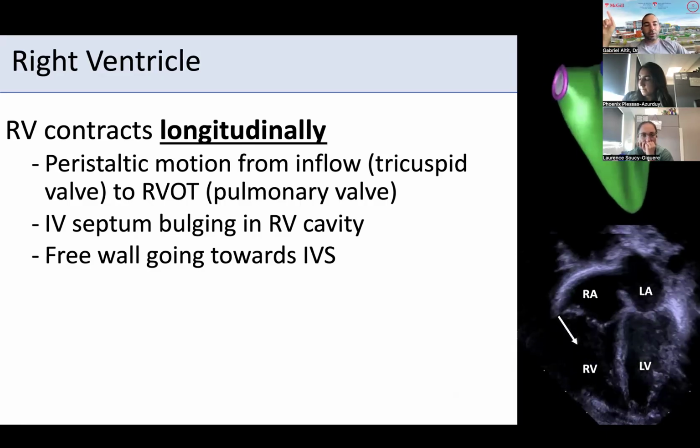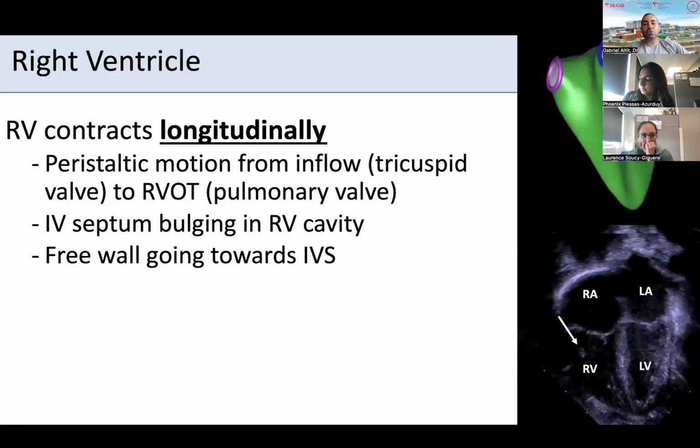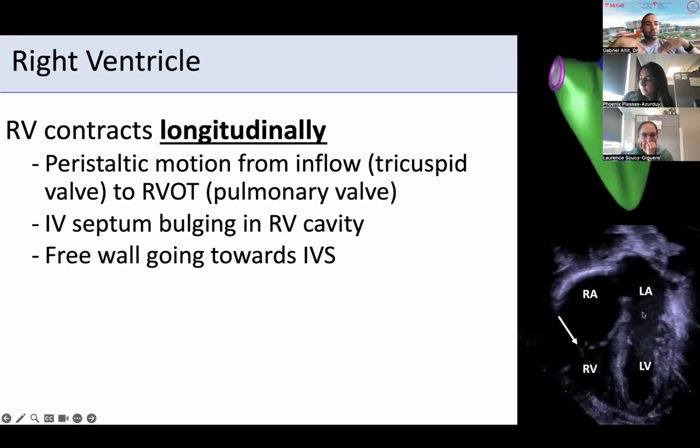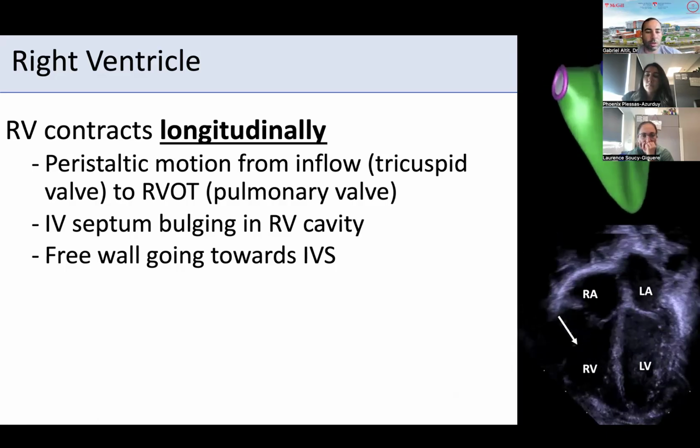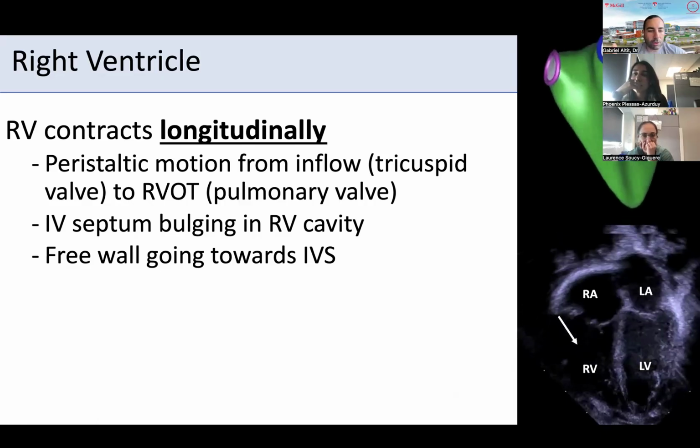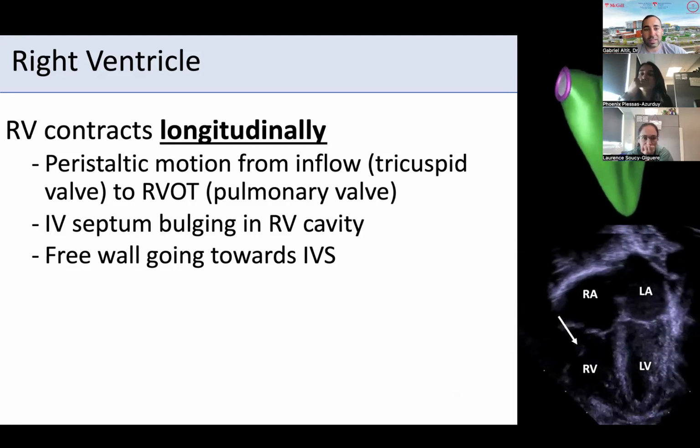So it's not sending your output forward, it's actually sending it backward. That's true also for the LV. If you have a lot of mitral regurgitation, it becomes very difficult to use markers of function like ejection fraction to say it's a normal LV function, because it's ejecting a lot backward. So you have to be careful about these caveats when you see a lot of mitral or tricuspid valve regurgitation.